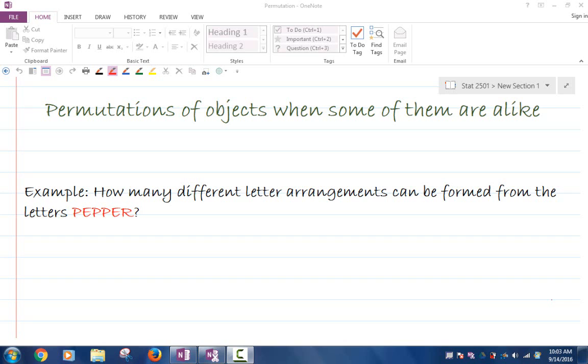But if you have objects where some of them are alike, say I have 5 objects where 2 of them are alike and 3 of them are alike, the number of permutations of that will not be 5 factorial anymore, right? Because when you interchange the same objects among themselves, you don't get a different arrangement anymore. Is everybody clear?